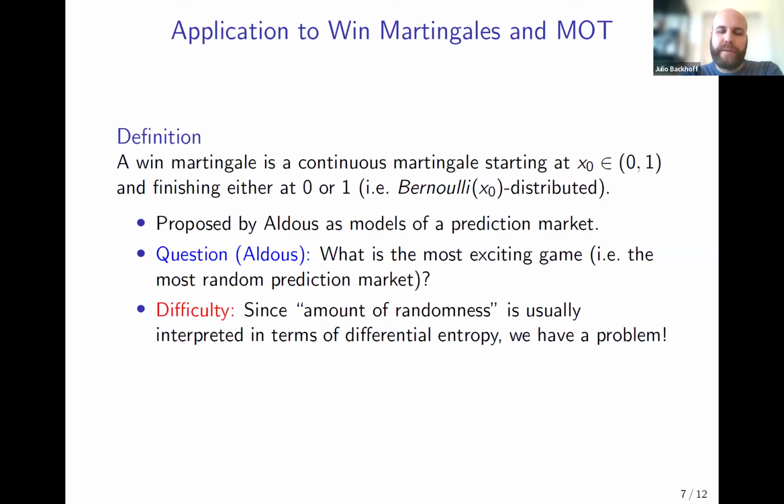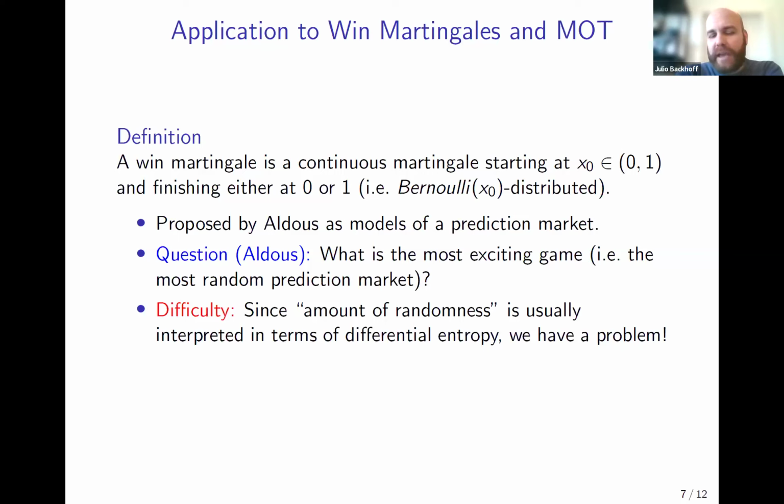So this question actually decomposes in 2 parts. First of all, what is the amount of randomness? Or how do you measure randomness? Because we will be talking about continuous time martingales. So the first part of the question is, formalize mathematically what the question is, and the second part of the question is really to answer that.